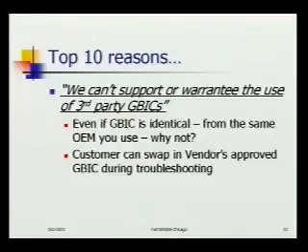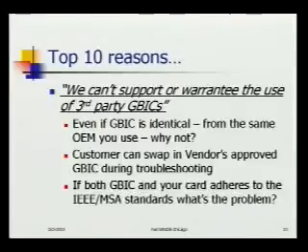In the past 5 years, we've had to do this once, and it turned out not to be the GBIC, because that's something we normally do anyway. If we suspect it might be the GBIC, we swap it out, long before we engage the equipment vendor's support infrastructure. Also, if both GBICs and the line cards adhere to the standards, then again, what's the problem?